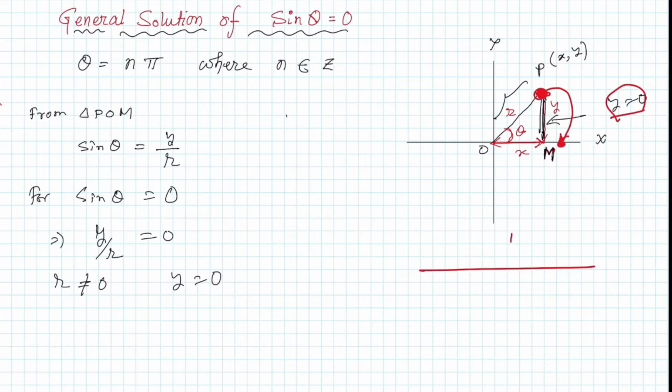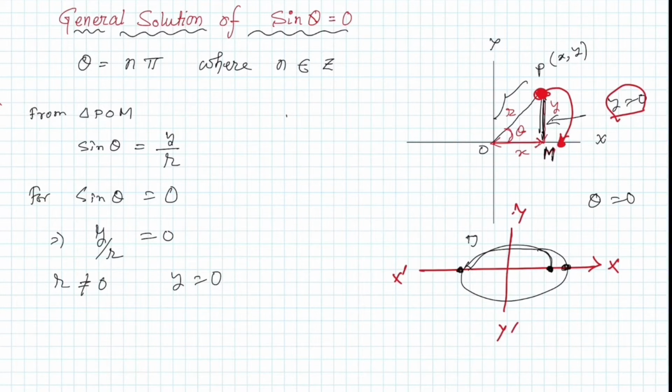So suppose this is the quadrant, xy, this is x dash, this is y dash. When P lies on the x-axis, then theta may be equal to 0, or if it is lying on this side, it may be equal to pi. It may also be equal to twice pi, thrice pi, and so on. That's why the general solution of sine theta is equal to 0 is theta is equal to n pi.